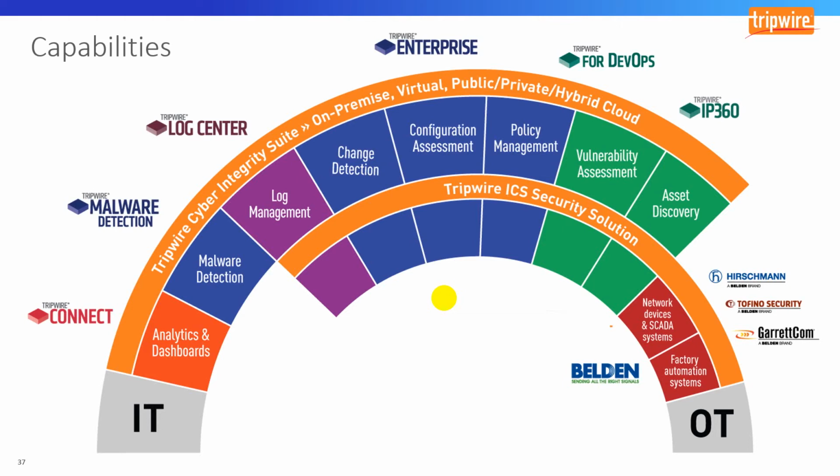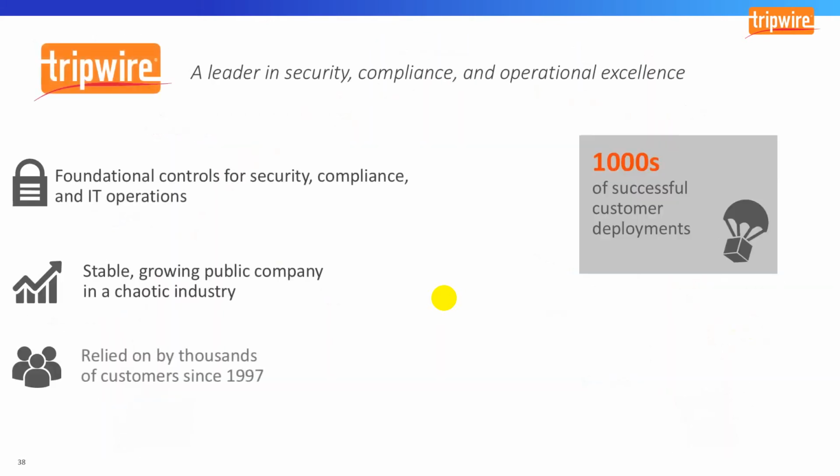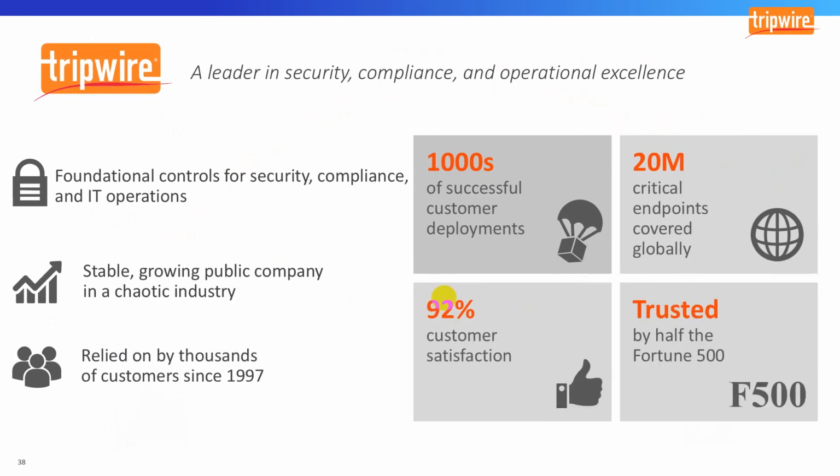So based on this, Tripwire helps you with compliance and file integrity monitoring across IT and OT. And we have been in Saudi Arabia for more than 13 years with more than 92 percent customer satisfaction. This is the global statistics about our company, and we have more than one successful deployment.